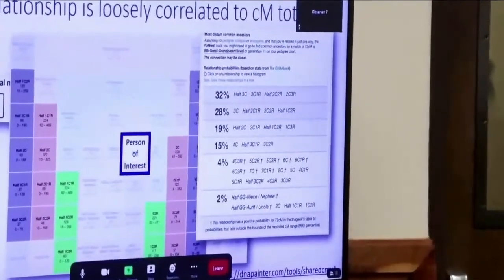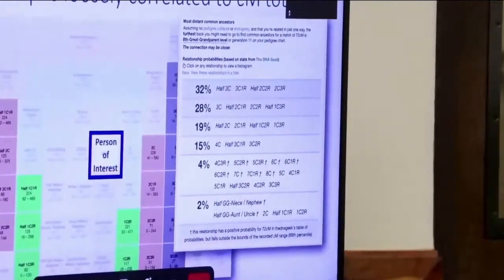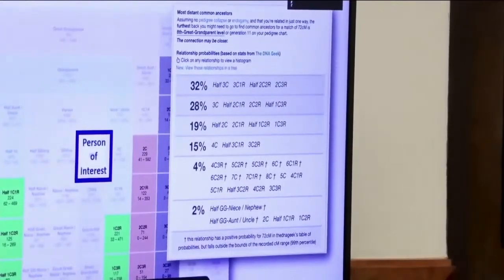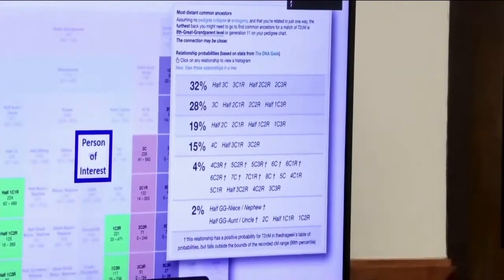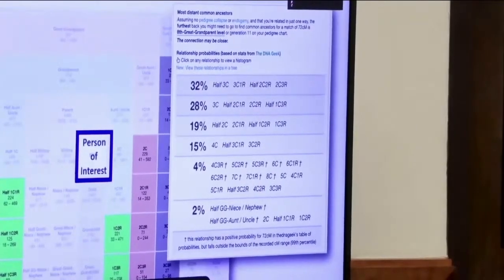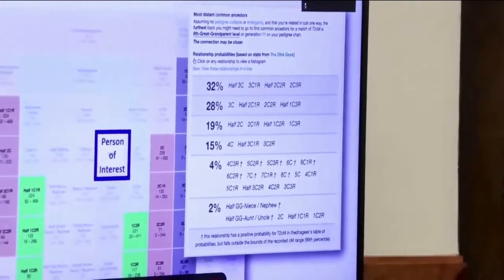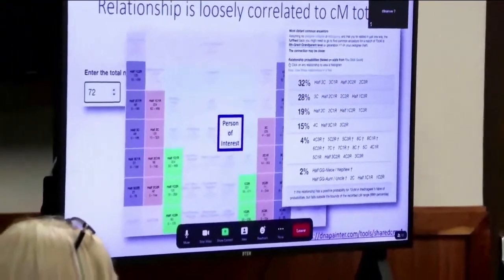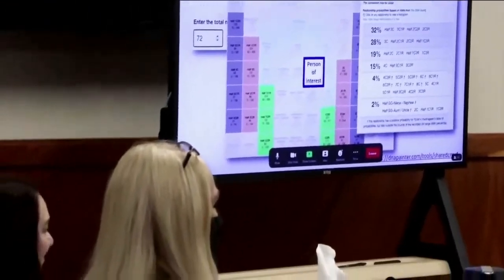I can't quite read that from here, but I think it says half third cousins. That's the most likely group, and then below that, I think it's third cousins. That's the next most likely group. That tells me that I'm going to need to build this person's tree back, probably to second great grandparent level, before I can conceivably figure out where my person of interest fits into that tree.